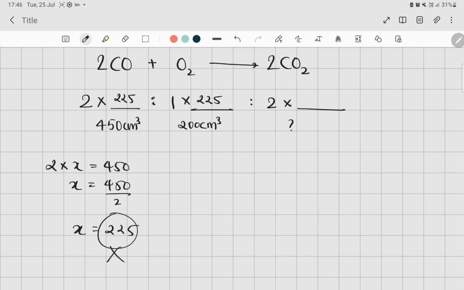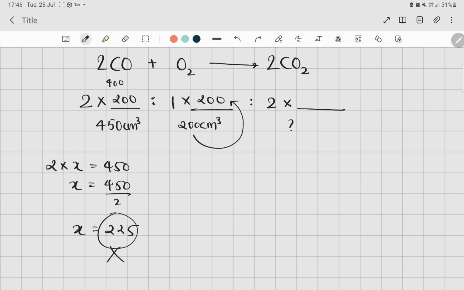So this is not possible. What can we do? What else we can do is put 200. Why are we putting 200? Because 1 into 200 will give you 200 and 2 into 200 will give us 400. The thing is very simple: oxygen is limited.